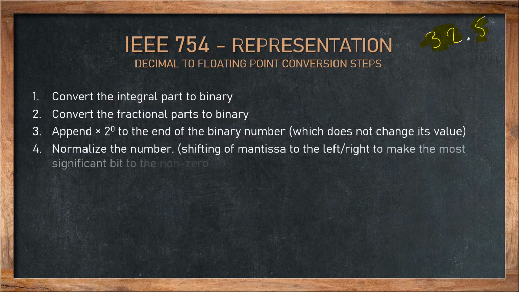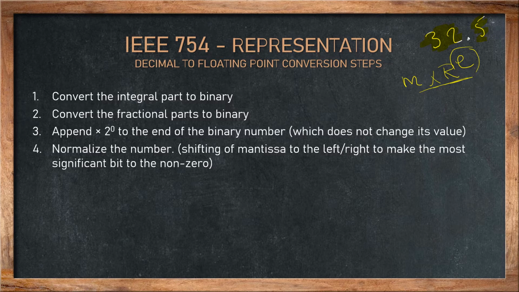Normalization means you need to write the number in the format m multiplied by r raised to e. This is the scientific notation, but in a normalized number you shift the radix point in such a way that your MSB is non-zero. Based on how many places you shift the radix point, your exponent will change accordingly.